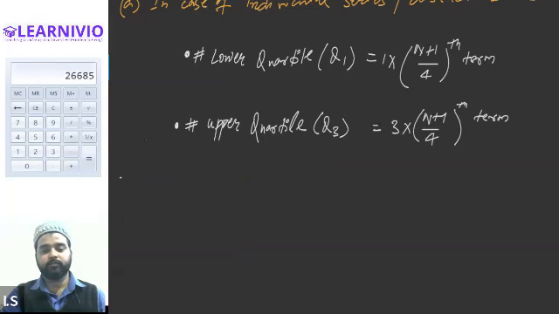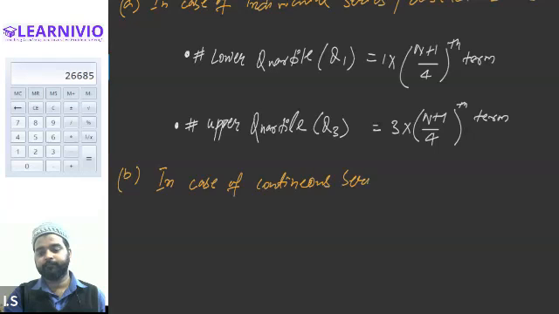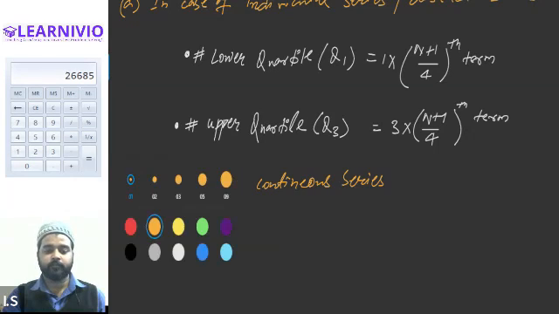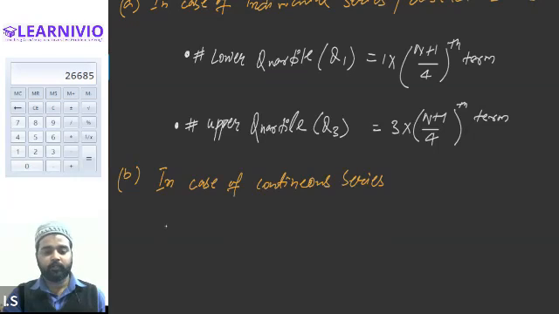Okay. But when we talk about the calculation of quartile in case of continuous series, we have a little different formula. In case of continuous series, we have different formulas for the lower quartile as well as for the upper quartile.